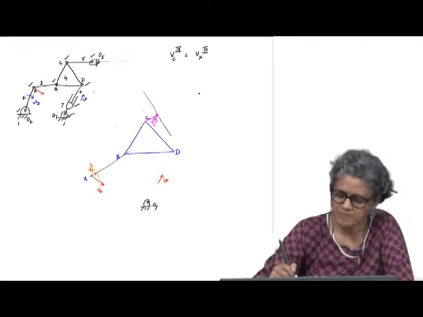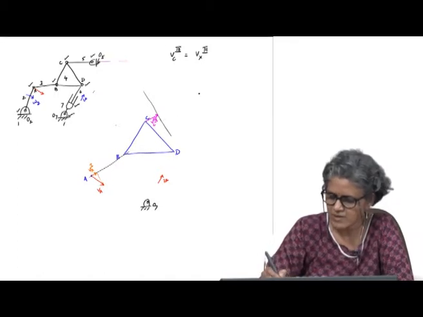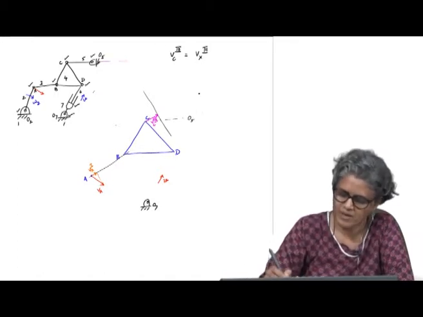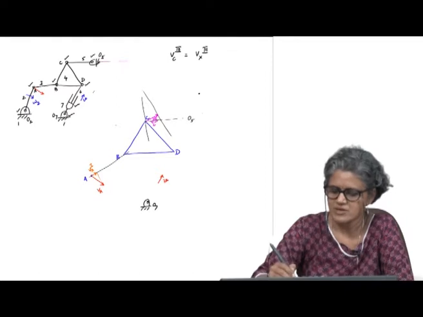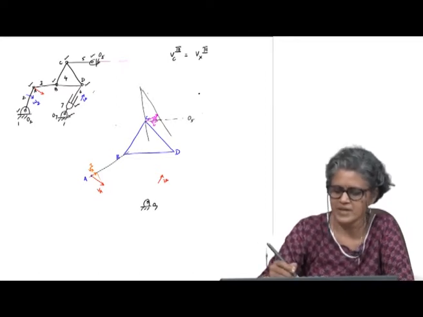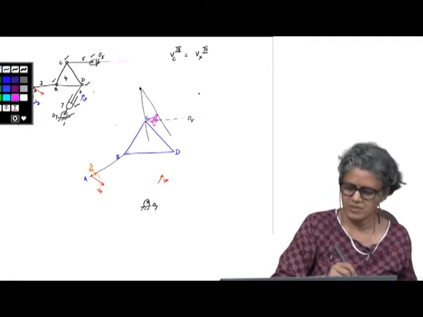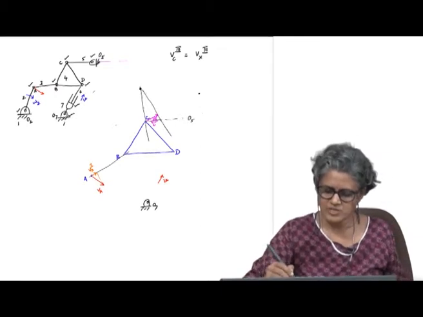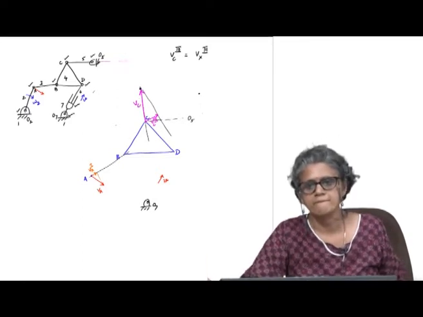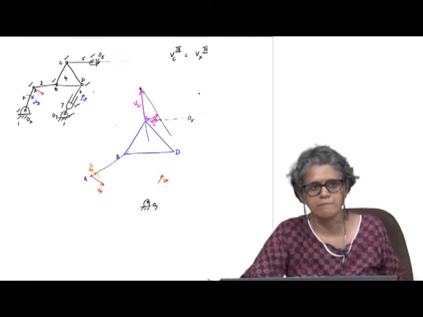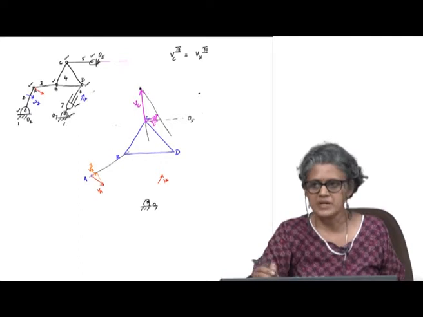It should also be perpendicular to O5C, if this is O5 here. So wherever these two meet, that point will give me the absolute velocity of C, because it resolves into these two perpendicular components.